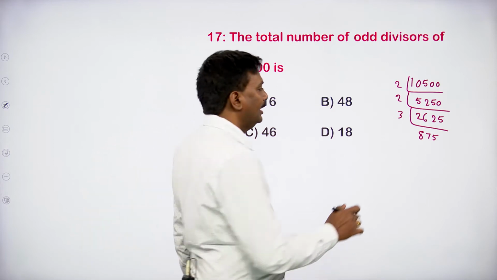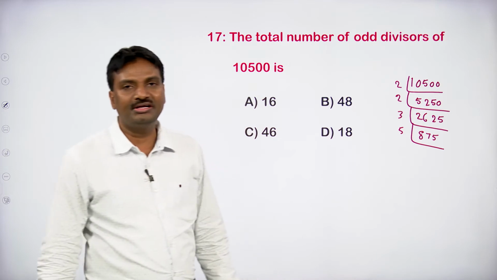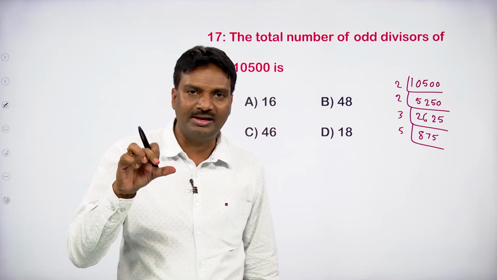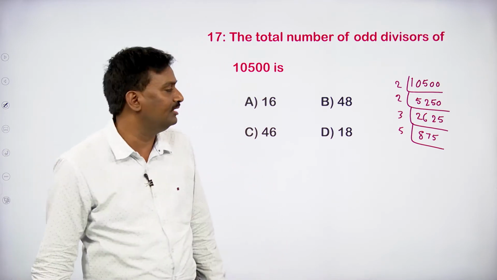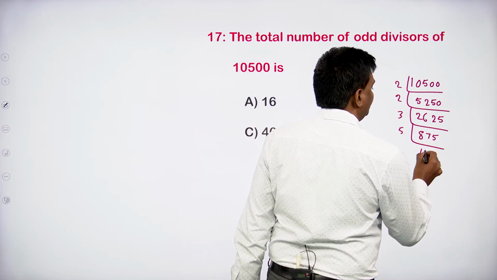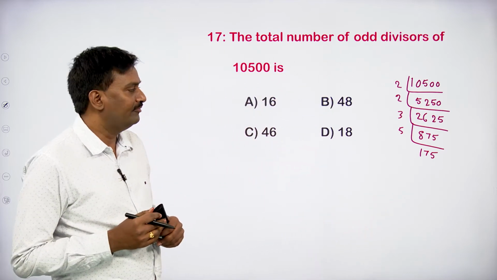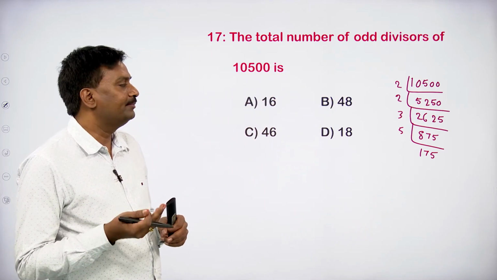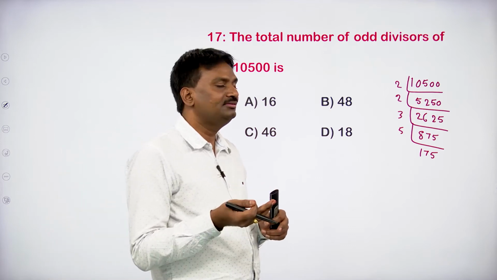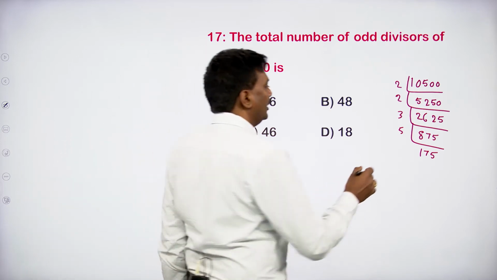So that's why let us take 5. Since the last digit of 875 is 5, clearly that number is divisible by 5. 5 1s are 5, next 37, 5 7s are 35, 5 5s are 25. 8 minus 5 is 3, 37 minus 35 is 2, 25, 5 5s are 25.